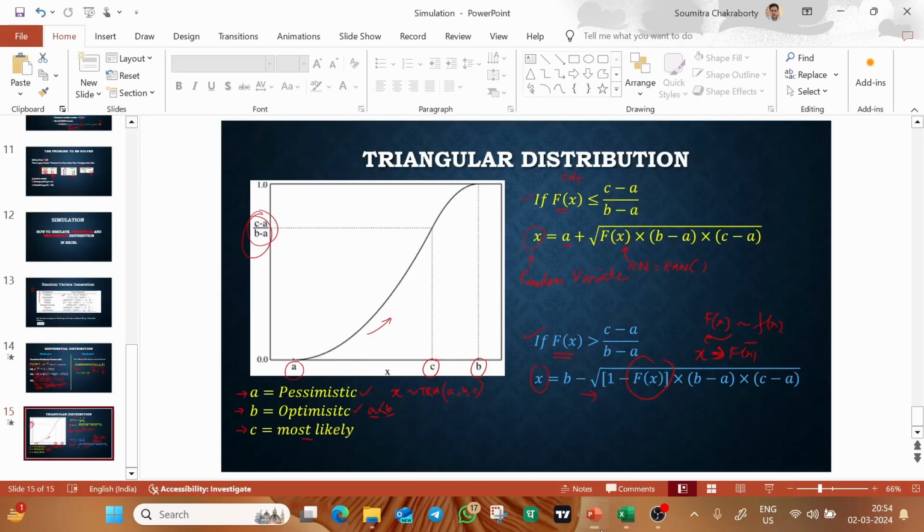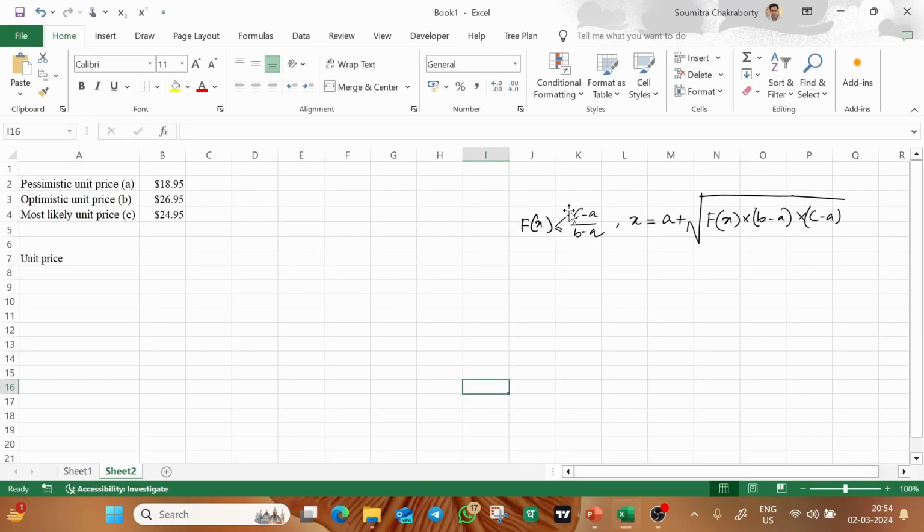This was the thing written here. You can check. I'm just writing it here because otherwise it is difficult to write the formula directly.